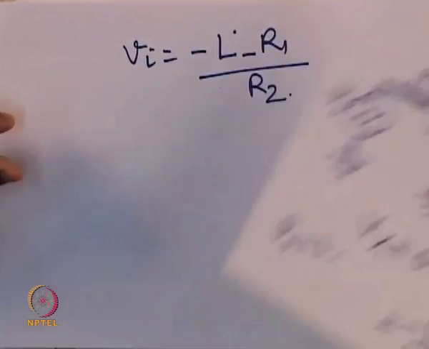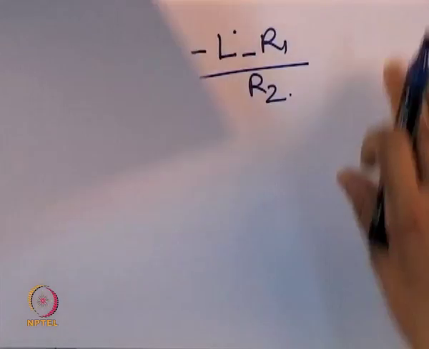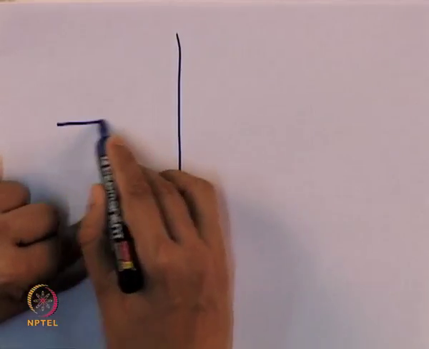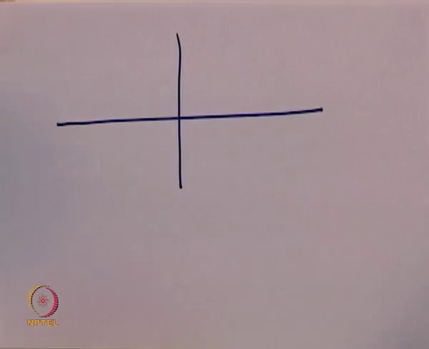Okay. So, then graphically how does it look? We will follow the same procedure that we followed for the previous case, that is when the input was given to the inverting port. In this case, the curve looks similar.